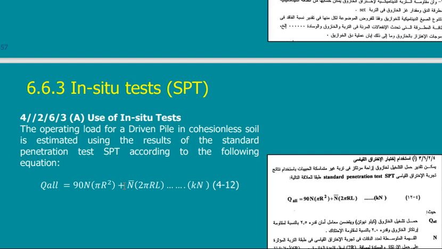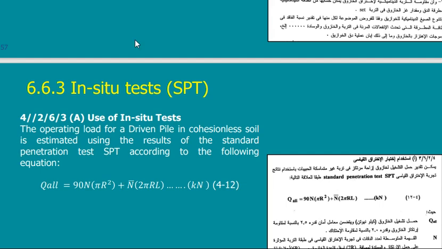There are types of bored piles that are very, very good, according to the method of installation or construction of the pile. If you are using a casing, then your piles will be very good. But if you are using CFA, it depends on your method of construction.